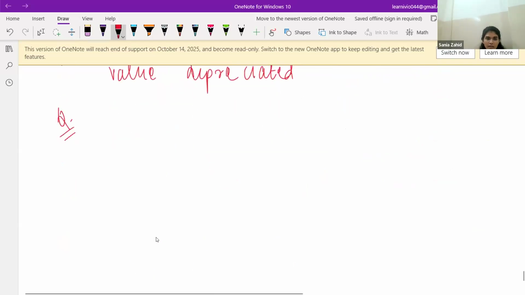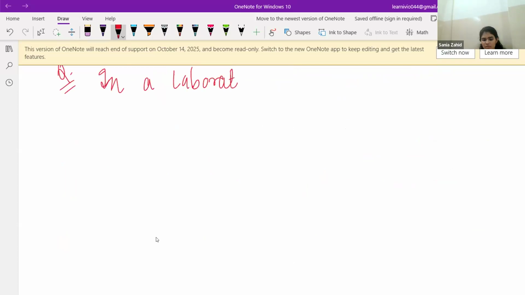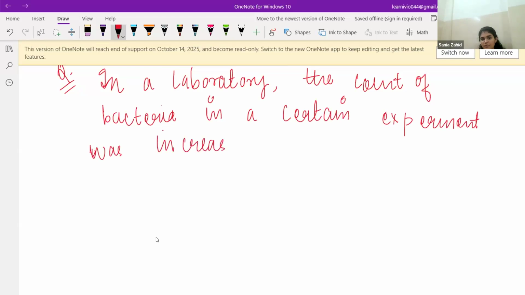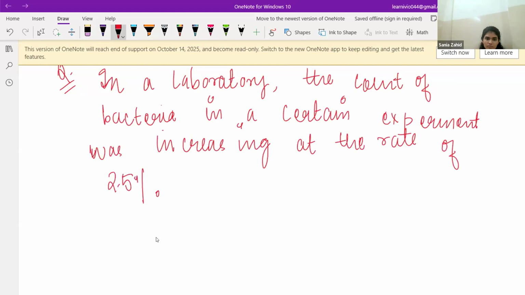Please look here. In a laboratory, the count of bacteria in a certain experiment was increasing at the rate of 2.5% per hour.